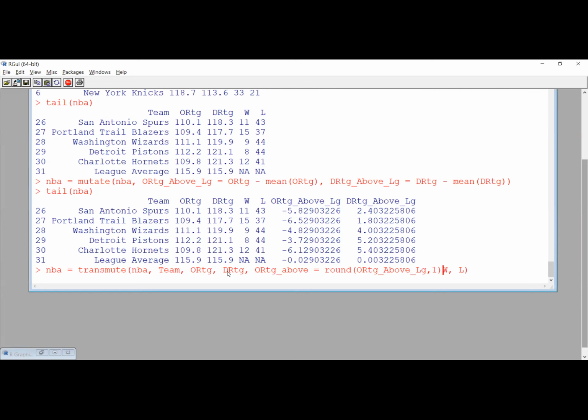Okay, and I want to do the same for the other one too. But I'm actually going to do this, and that will take that out, I think. And I can put this in later the way we did before. Okay, so let's put the wins and losses over here.